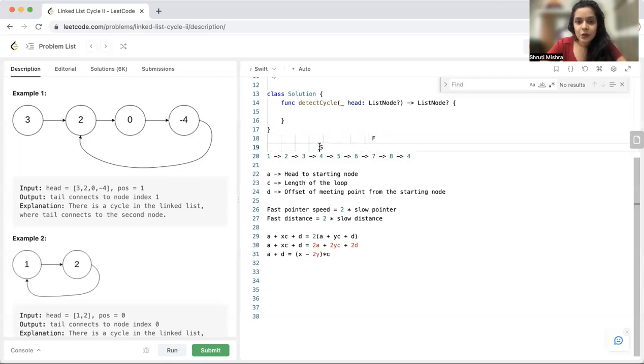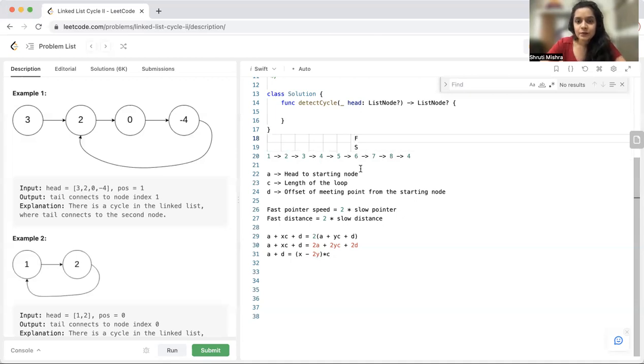Slow moves to 5, and fast is going to move to 8. 8 is going to loop back to 4, so fast is going to come here. It went to 8 and then it came to 4. Now slow is going to move to 6, and fast is also going to move to 6 because it moves 2 nodes at a time. So 6 is your meeting point for fast and slow pointer in this linked list.